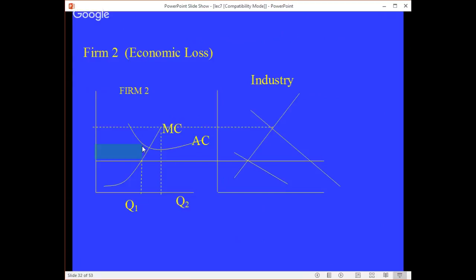When that happens, and I don't show it in this graph, supply will shift back, and it'll shift back until the point where marginal cost equals average cost equals price. So there'll be fewer firms in the industry, price will increase, and eventually each firm will make 0 economic profits again.